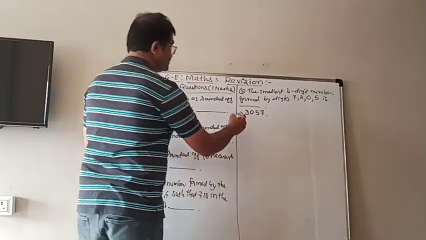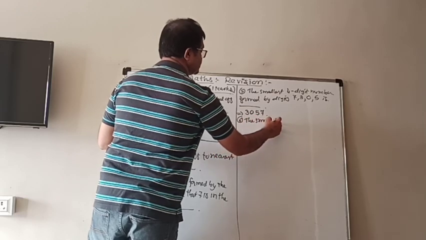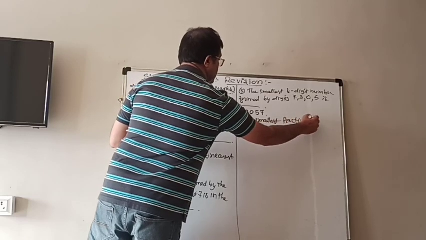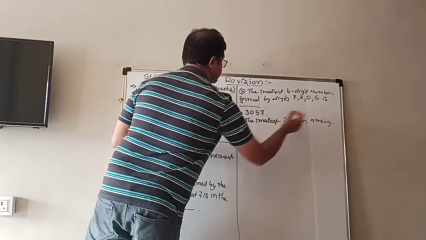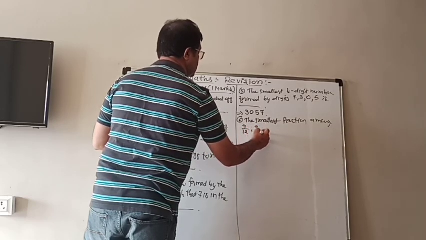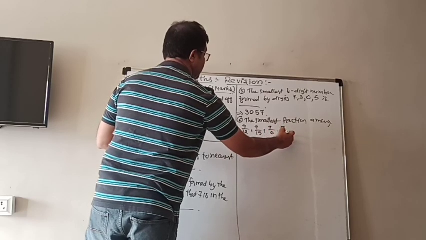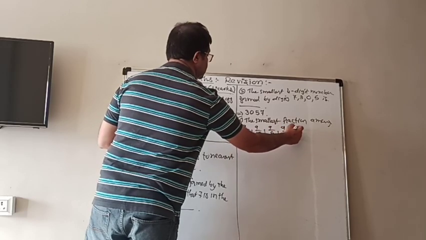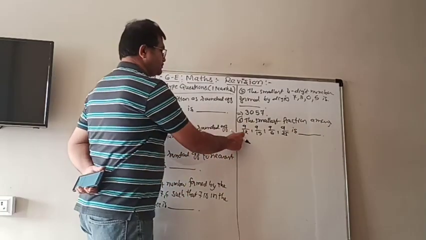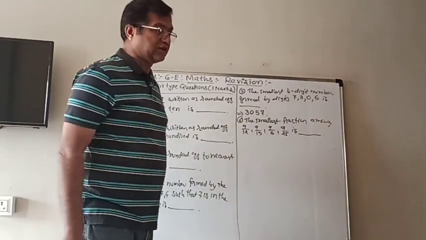Next we write the smallest fraction among 9 upon 12, 9 upon 15, 9 upon 6, 9 upon 25 is blank. Here you can see that they are not like fractions because their denominators are not equal.